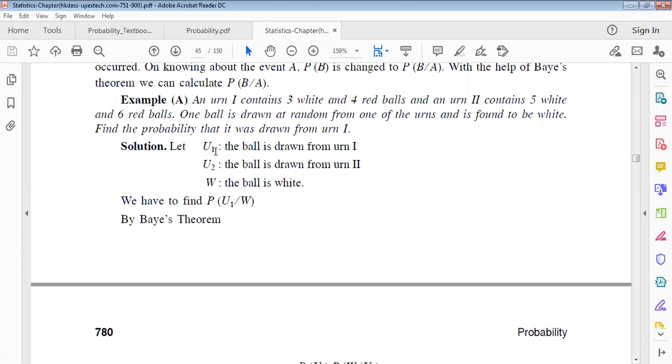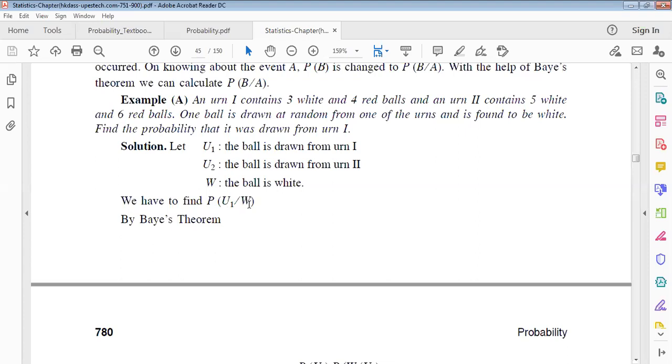Suppose U1 is the first urn and U2 is the second urn, and W is the ball which is white. Now we have to find out the probability of the first urn if it is a white ball.